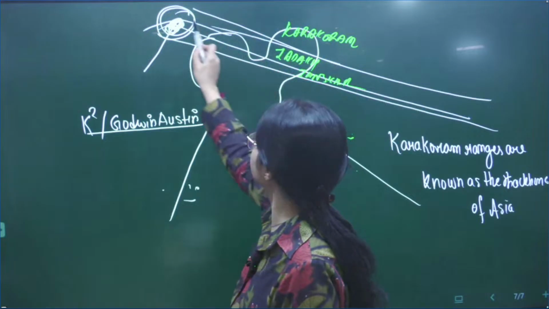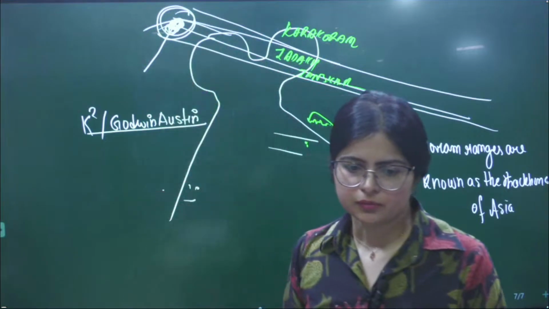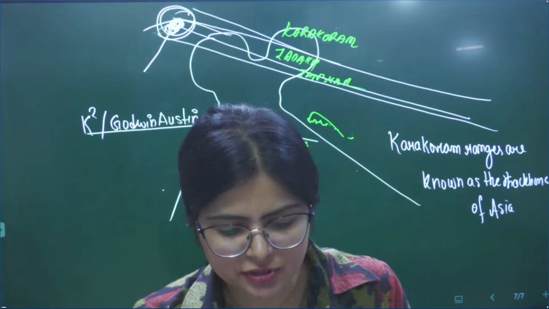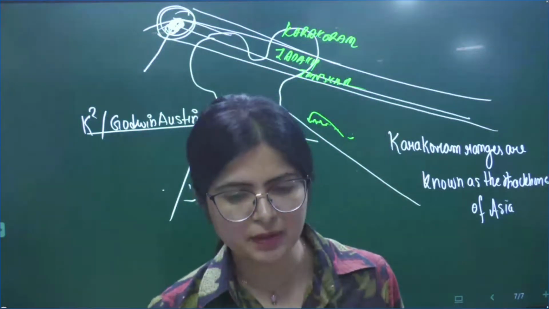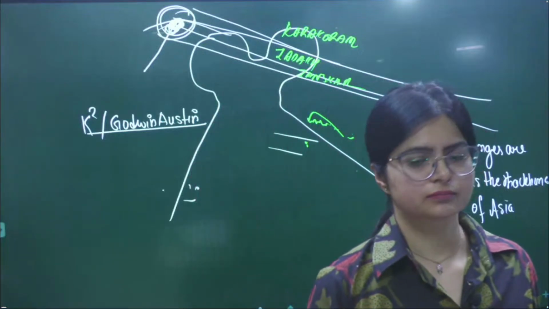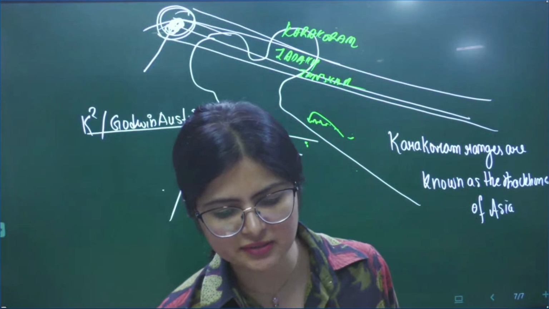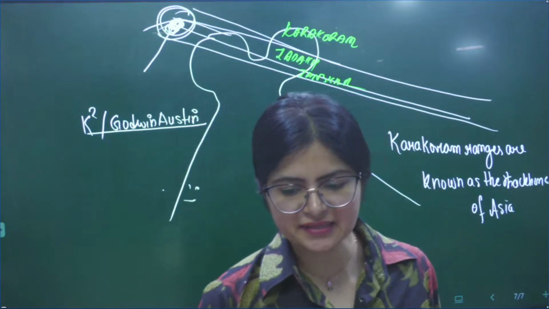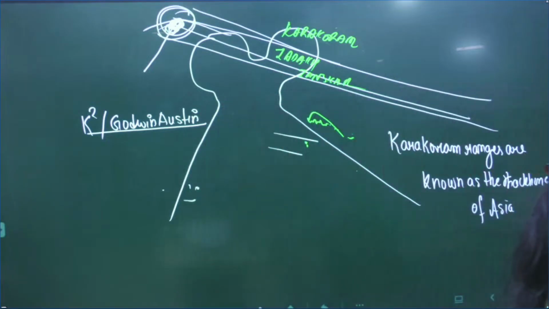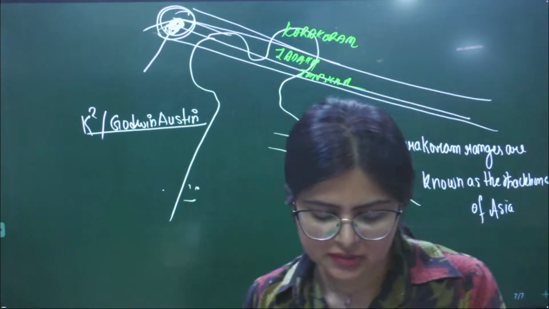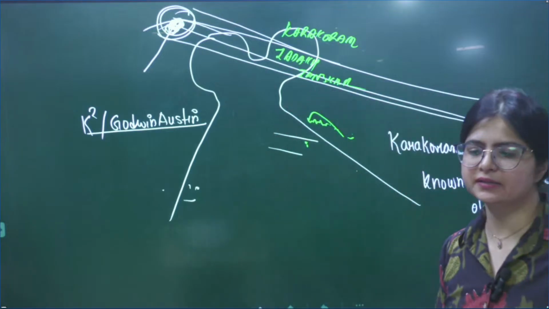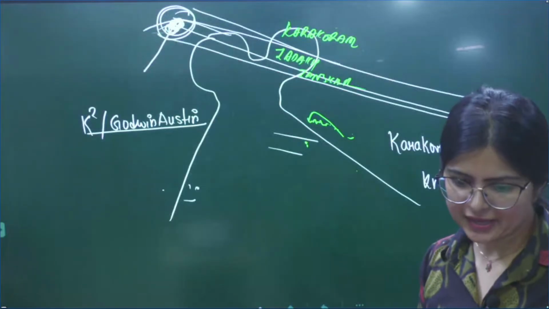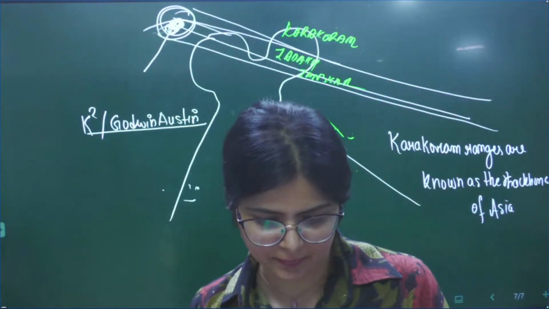So Karakoram ranges meet the Pamir knot in the west, whereas it is extended in the southeast as the Kailash range.